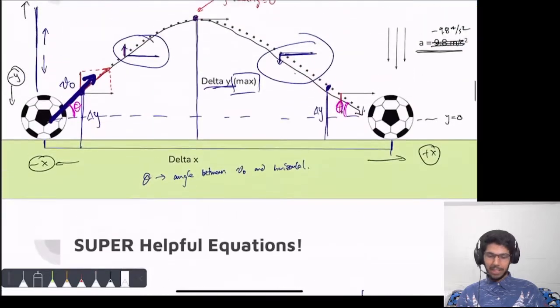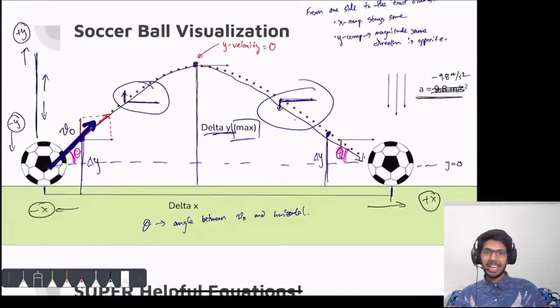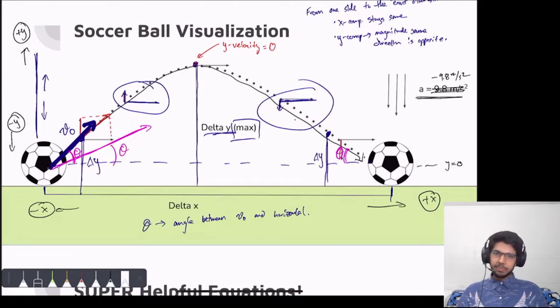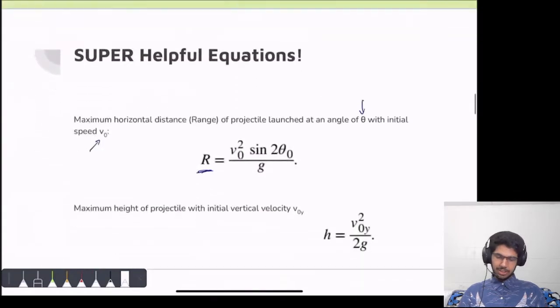For example, when I kick this ball, I don't always have to provide the same velocity and at the same angle. If I wanted to, I could kick it at this velocity, not as high up in the air, and that would give me a different theta value. So these values can change.